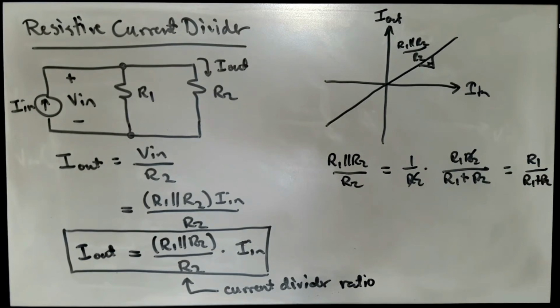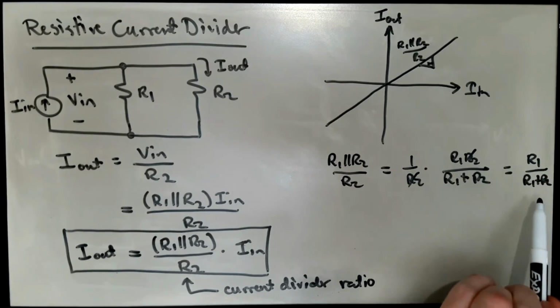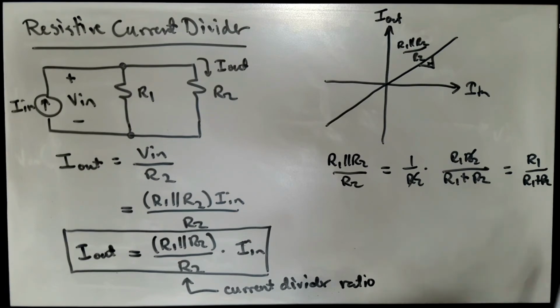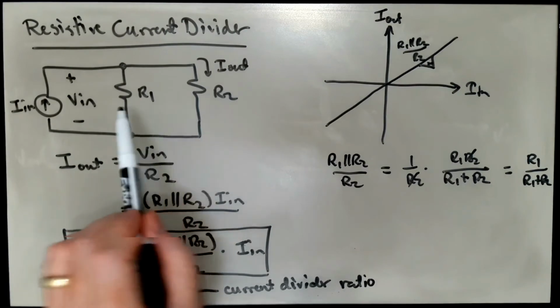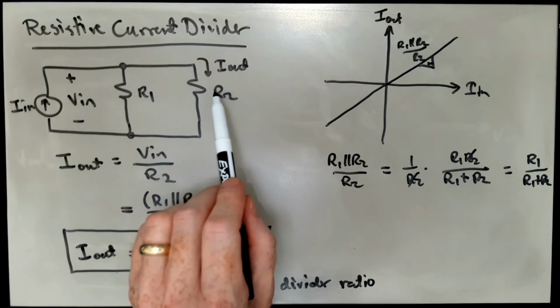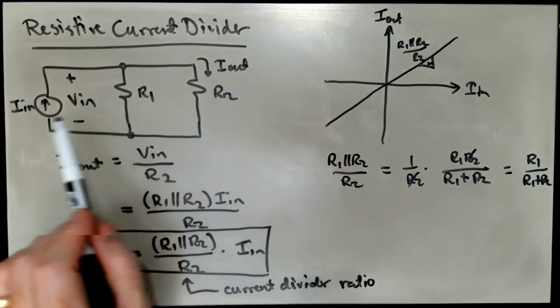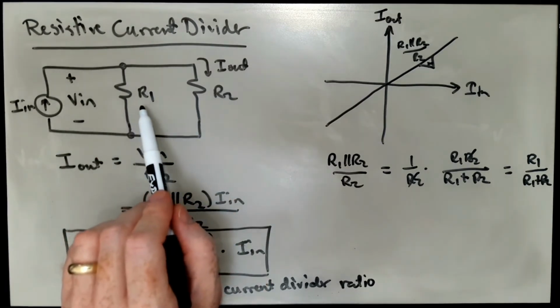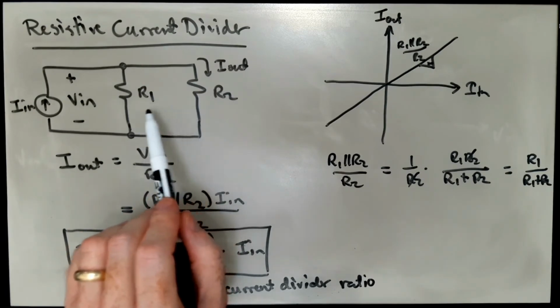A lot of developments of the current divider ratio will have it expressed in this form, which is fine. It only applies to a two-way current divider without some gyrations or gymnastics. The way people will say it in words is that we've got these two branches, and the current flowing through the branch that we care about is equal to the input current times the resistance of the branch we don't care about, divided by the sum of the two branch resistances.